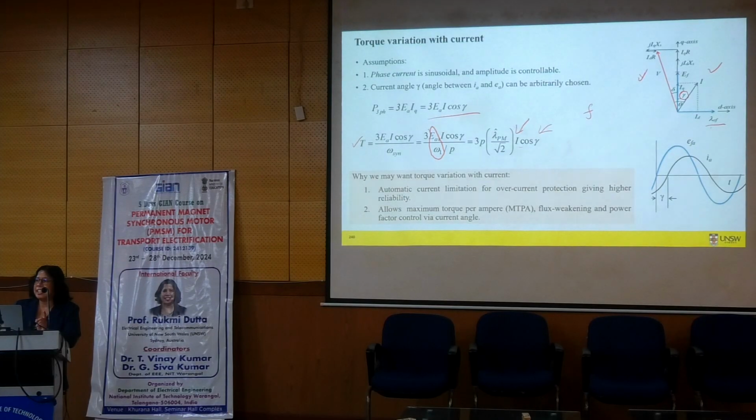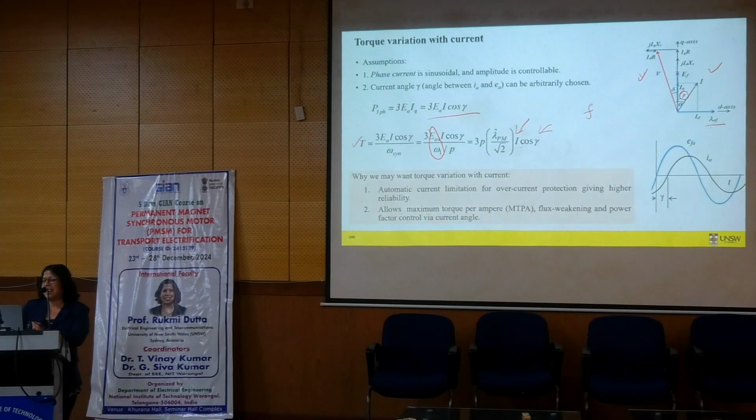That's why you want ID to be 0. What does ID being 0 mean? That means I is equal to IQ and it is in phase with your back EMF and you are getting maximum torque with minimum current. That is what is MTPA. Okay? And we can do that by controlling the current and its phase angle gamma.